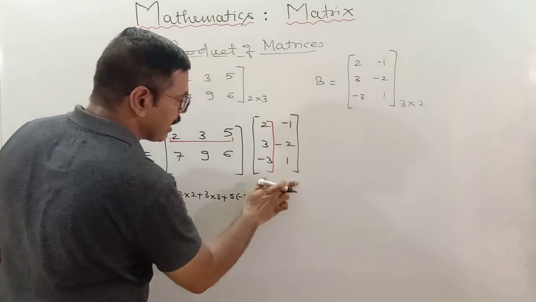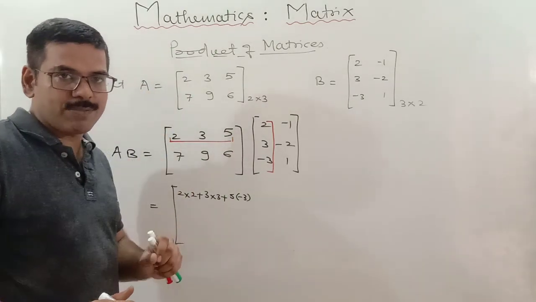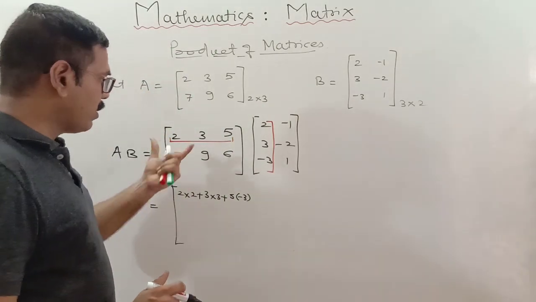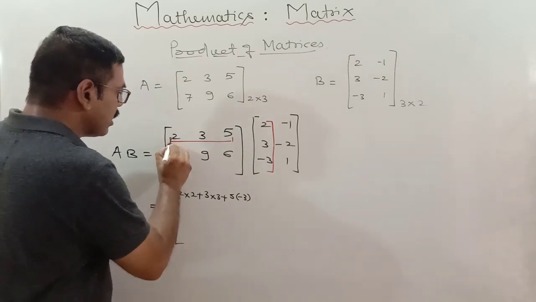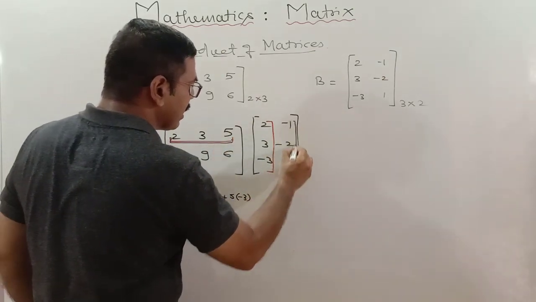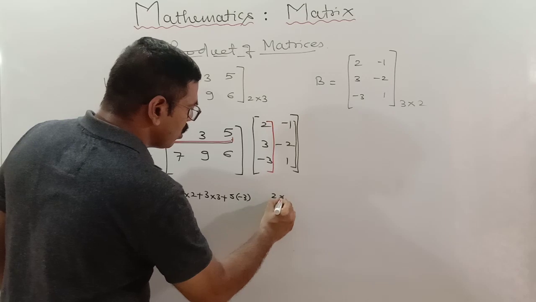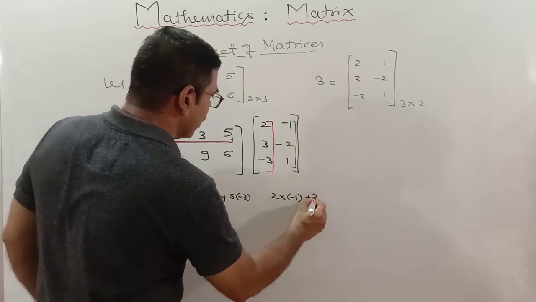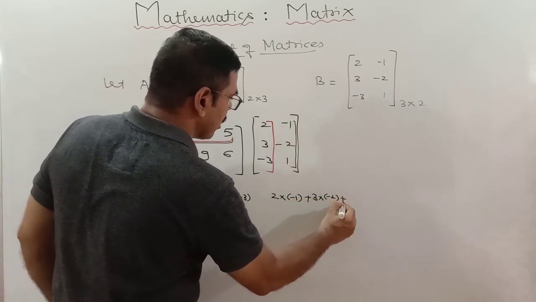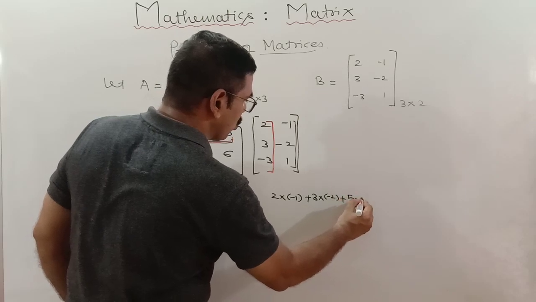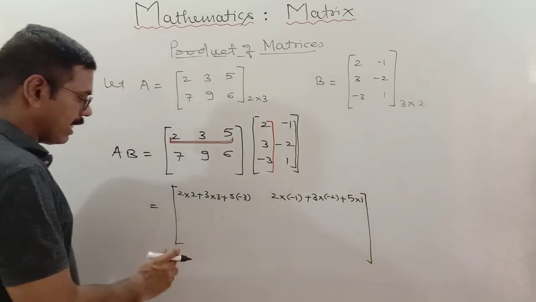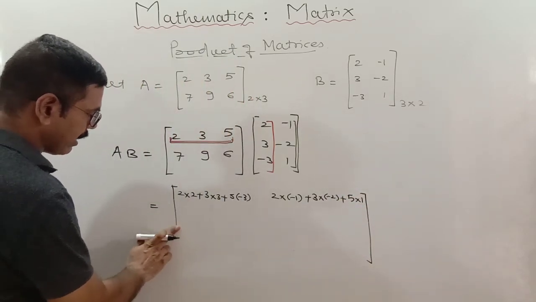Is it clear? This will be the first element of the new matrix. The same row again will be multiplied in this column, means 2 into minus 1 plus 3 into minus 2 plus 5 into 1. Is there any doubt? I don't think you are having any doubt in this.